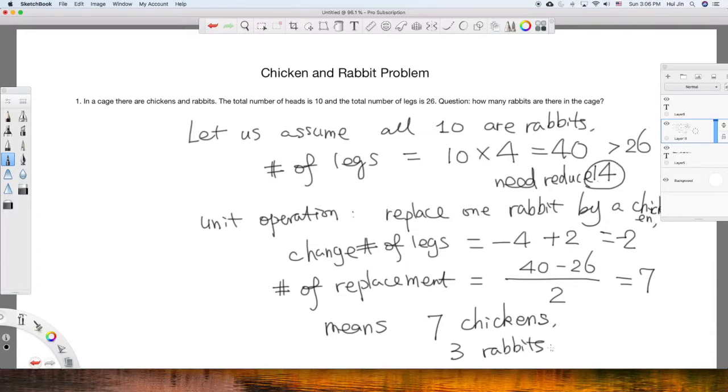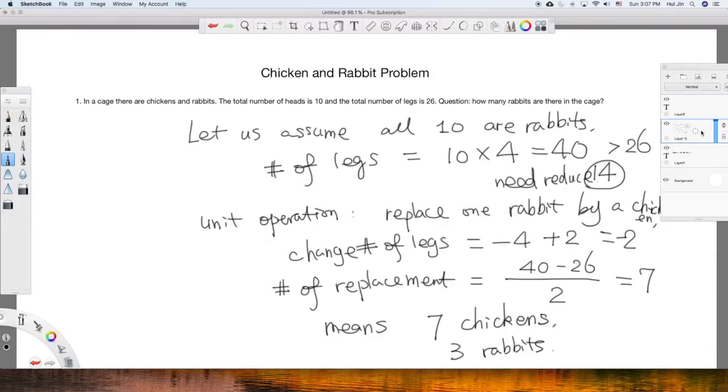Okay, is it clear? So this is a method I call the unit operation, and it does not require any algebra, and supposedly a 3rd grader should be able to do it. And we'll see this method is super powerful.